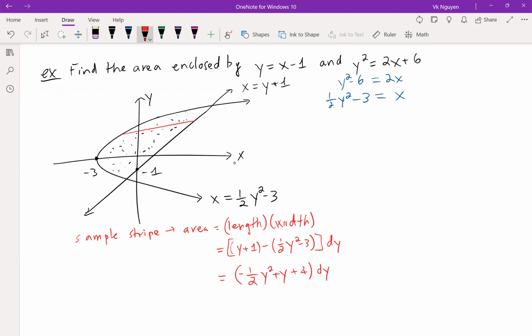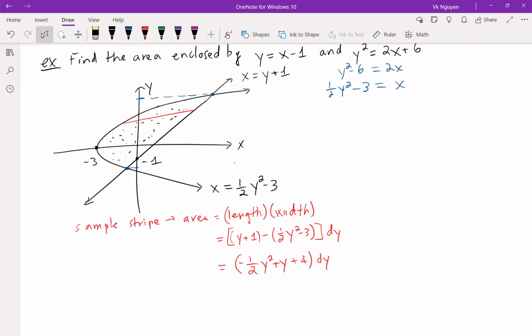dy. Well, we are integrating with respect to y, so we need to know the intersections, because we need to go from this point to this point. Set them equal to each other: 1/2 y squared minus 3 equals y plus 1.